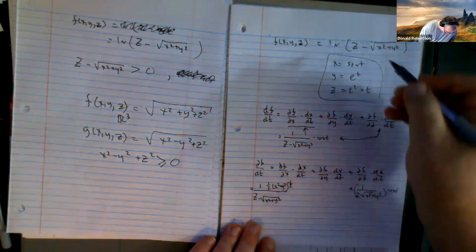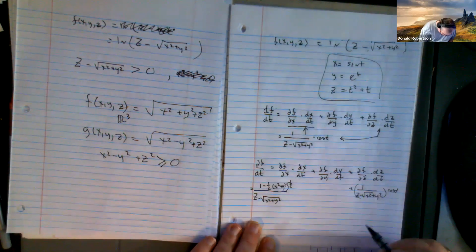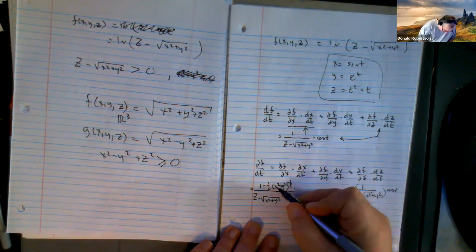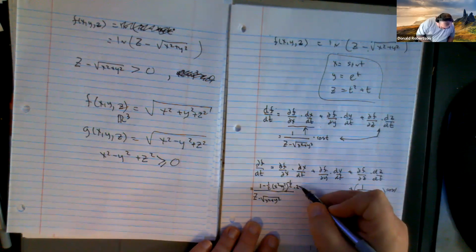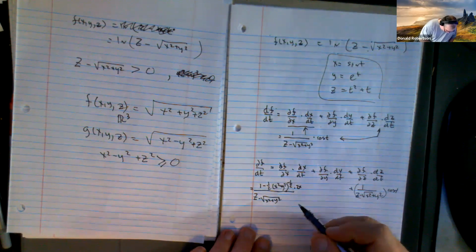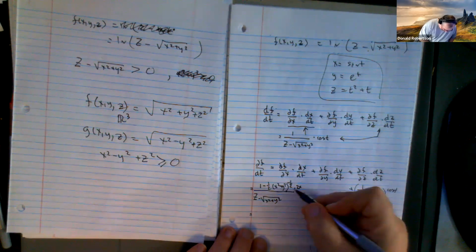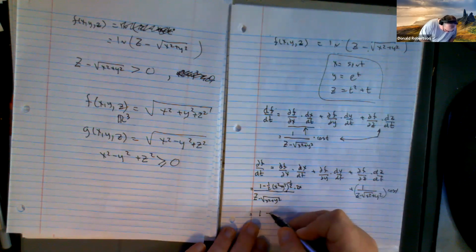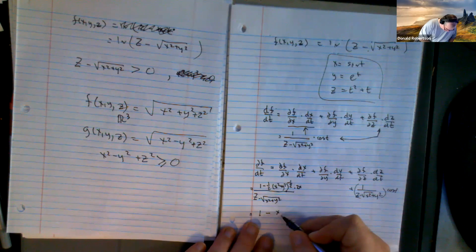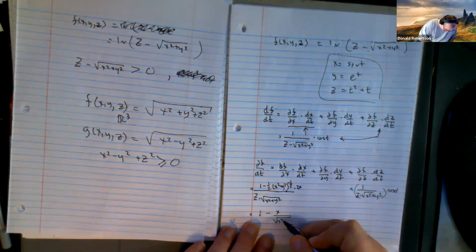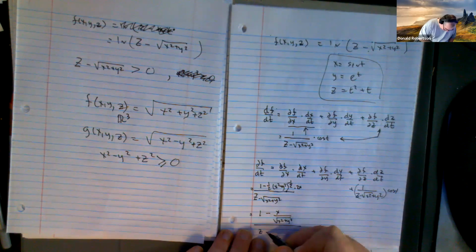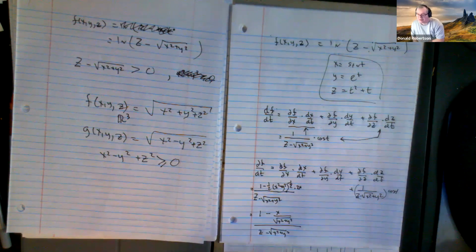Oh, and it's negative as well. So negative 1/2 times x squared plus y squared to the negative half times the derivative of x squared plus y squared, which is 2x. So the 2s cancel. And you have got 1 take away x over the square root of x squared plus y squared, all over z take away the square root of x squared plus y squared. I don't think anybody would ever give you one that ugly.